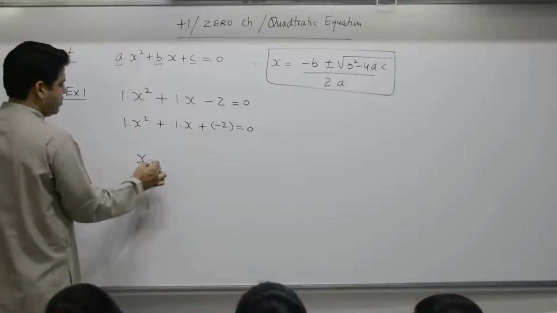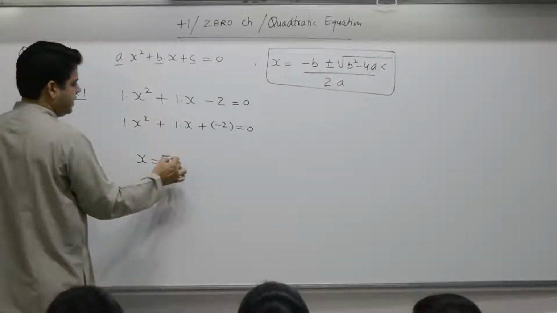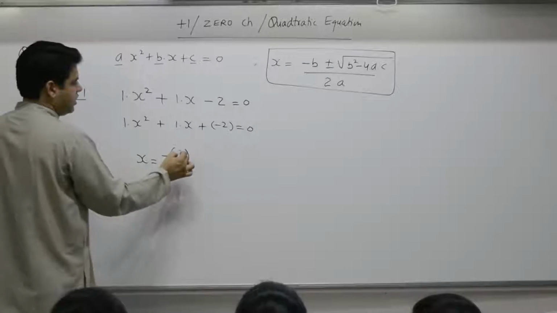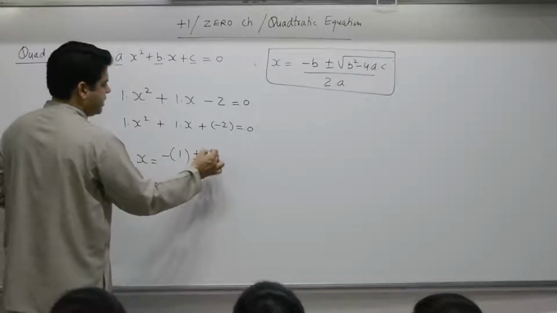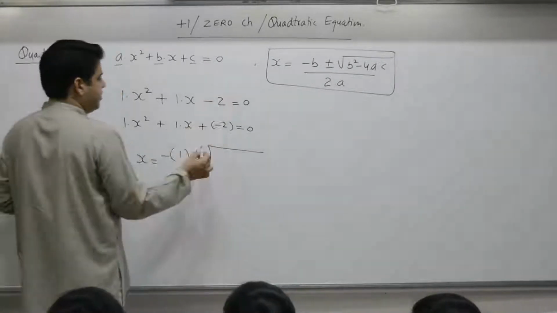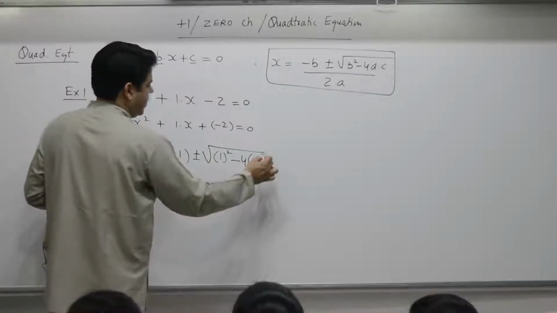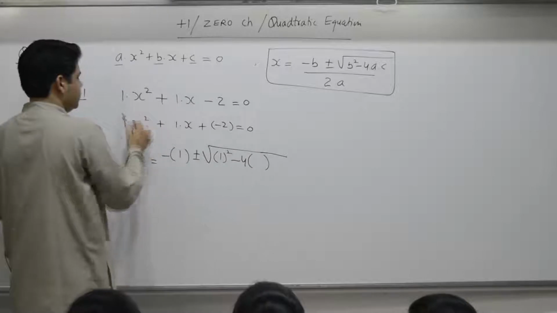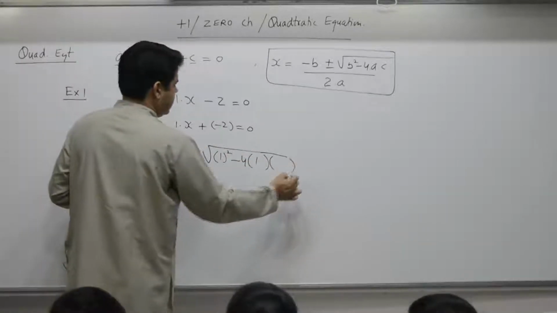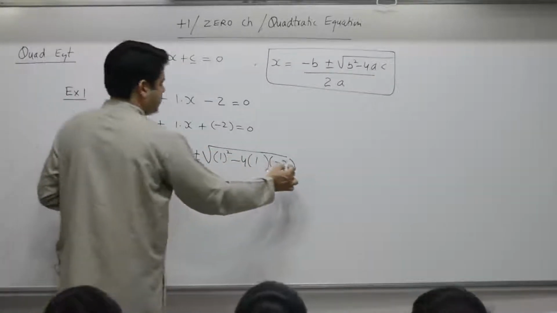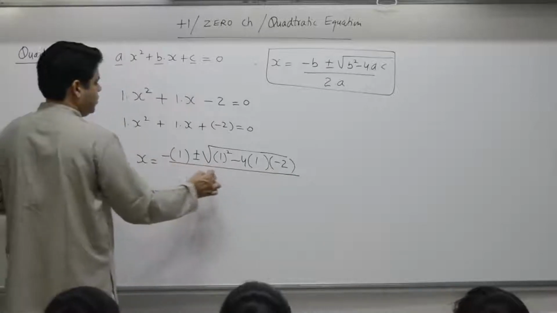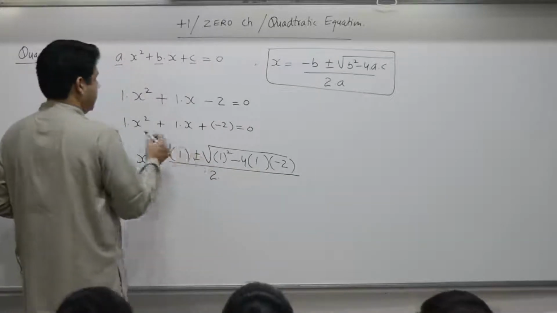X is equal to, as per this formula, minus B. B is equal to what? 1 plus minus root of B square. B is what? 1 square minus 4A. A is what? 1. C minus 2. 1.